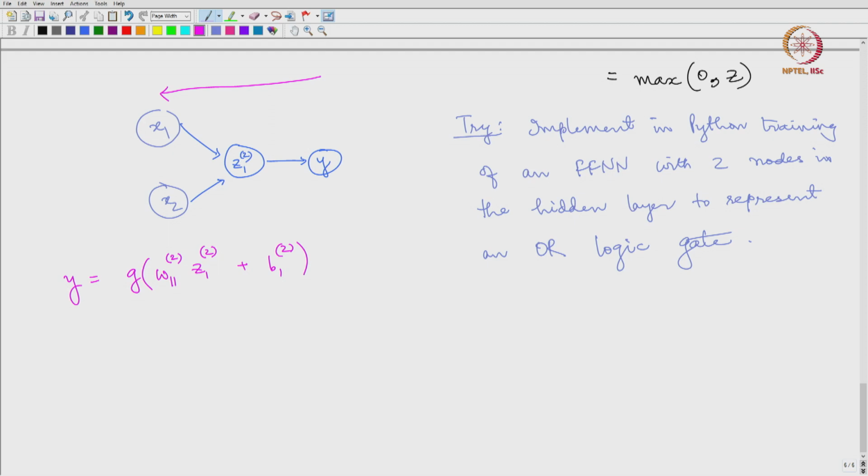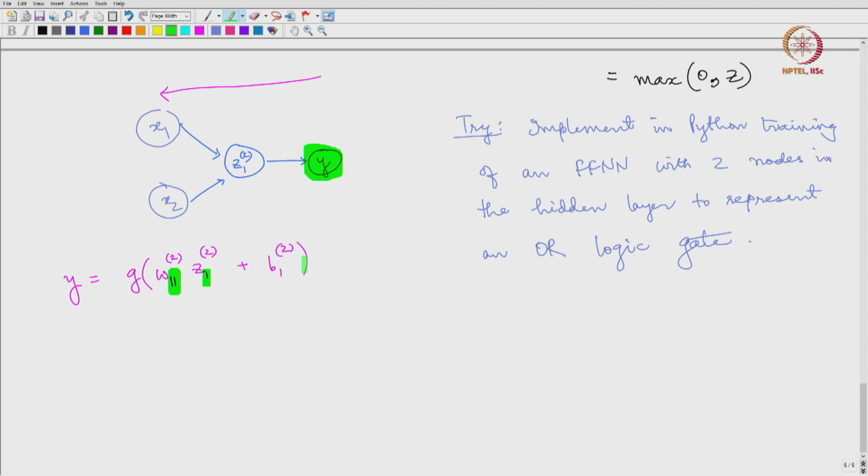So essentially you know this notation. In the notation the subscripts, the second subscript tells on which node it is acting. So it is acting on the first node, that is the 1 and 1, and then it is contributing to the first node in the next layer, and the layer number on which it is acting is written as a superscript, that is the convention we are following in this course, times z12 plus b12.